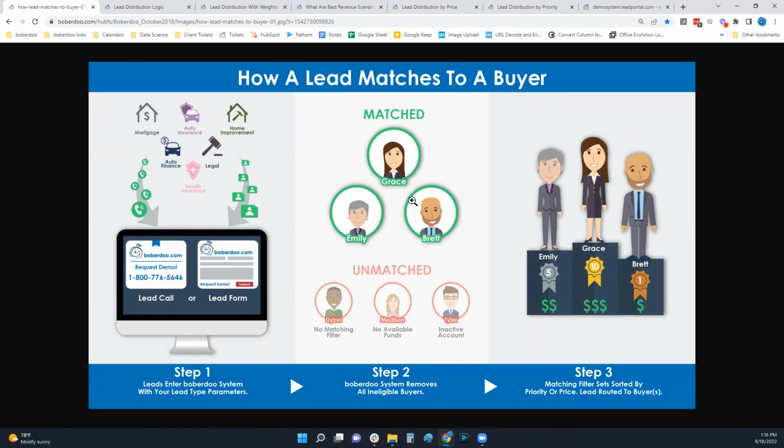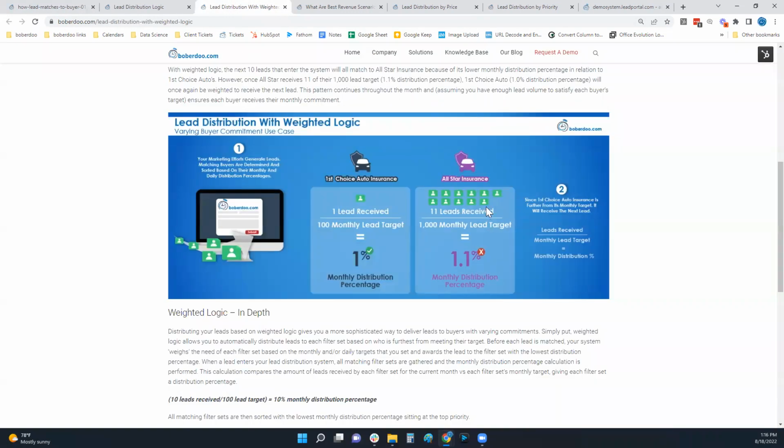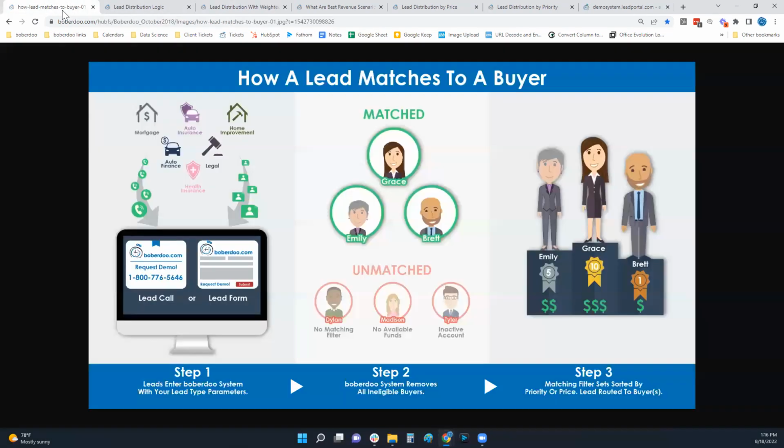So if you have a partner that says, hey, I want 1,000 mortgage leads a month, well, if they're not eligible for 1,000 mortgage leads coming in because they only want loan value of 500,000 plus, you're not going to be able to deliver those leads on the same ratio. It's always based on both of those filter sets matching, because again, we're going through this initial distribution logic every time.